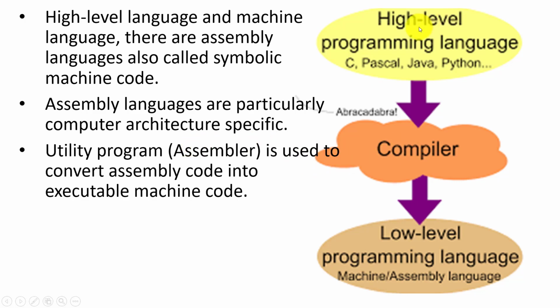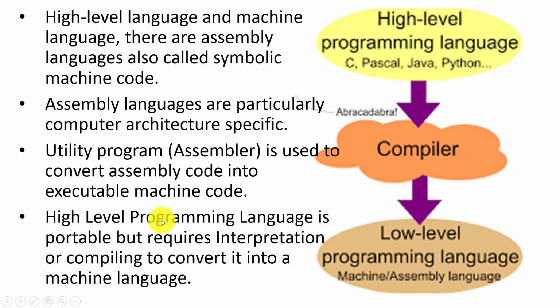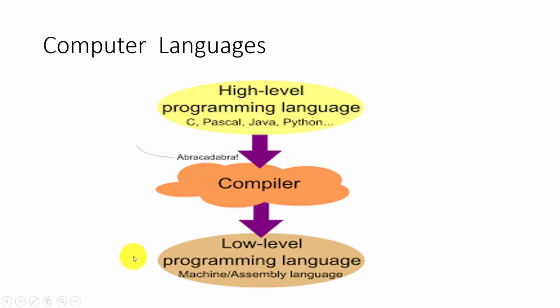It converts high level language to low level language, that is, machine code language. Now the high level language is portable. Why? Because it's user readable, and the system only knows machine code. So we require some interpretation or compiling to convert high level to machine level language.